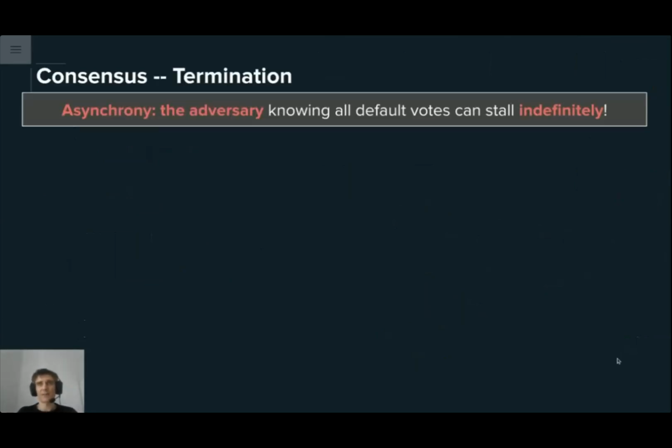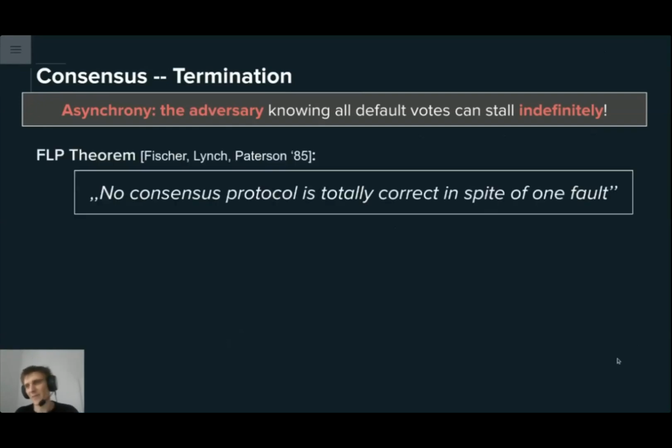When will it happen that all the units in a particular round vote the same? And unfortunately, the answer is that if the network is asynchronous, we cannot really force it to happen. We cannot really force the consensus to happen. Why is that? Well, there is a general result called the FLP theorem, which says that in an asynchronous network it's actually impossible to do that.